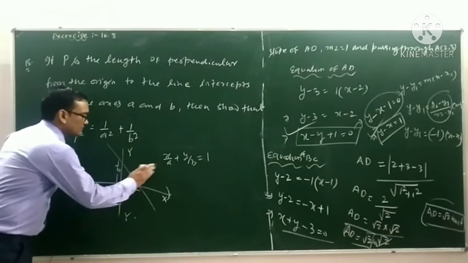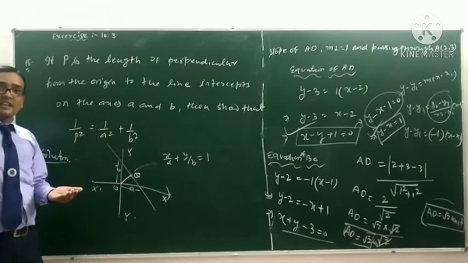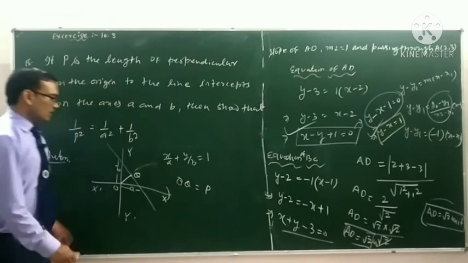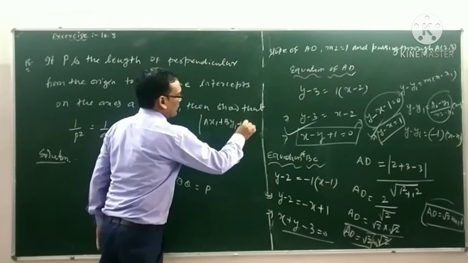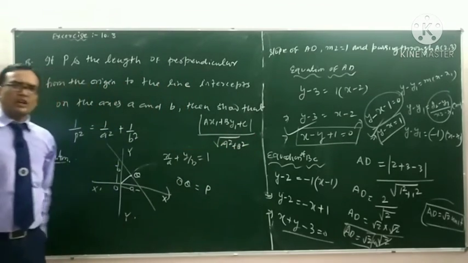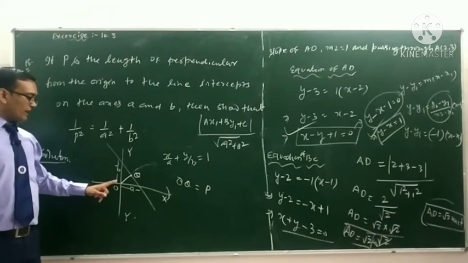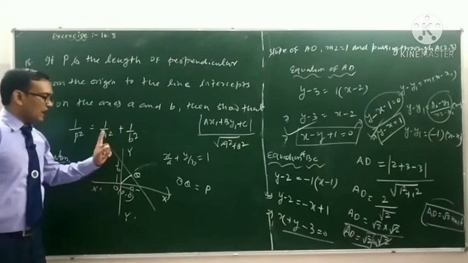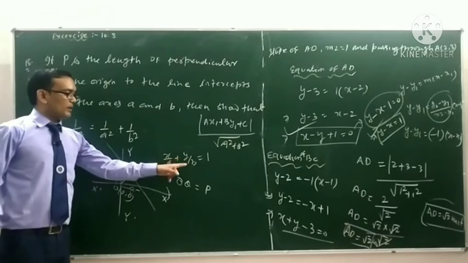Okay students, here the distance OQ is given as p, then using the formula ax1 plus by1 plus c upon square root a square plus b square, using this formula to find the distance from the point O, that means 0, 0, to the line x upon a plus y upon b equal to 1.